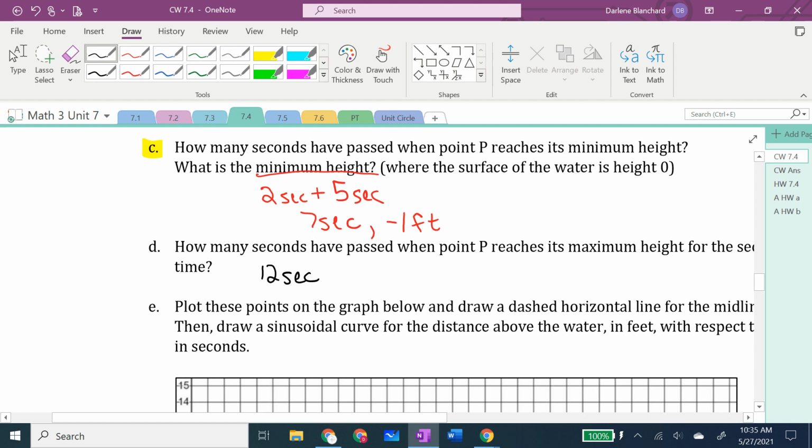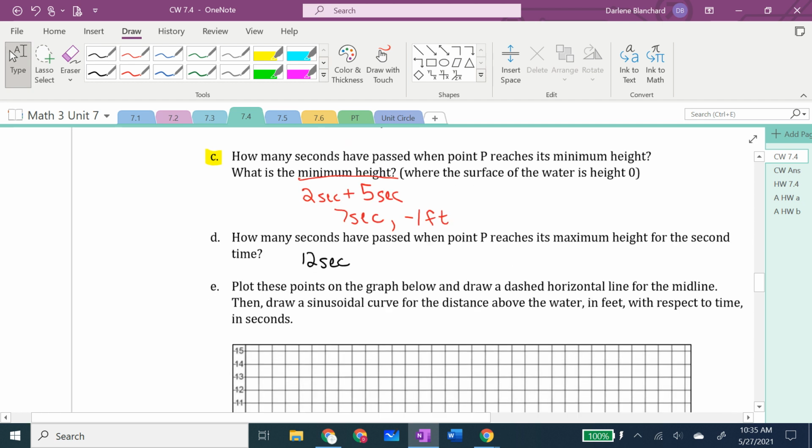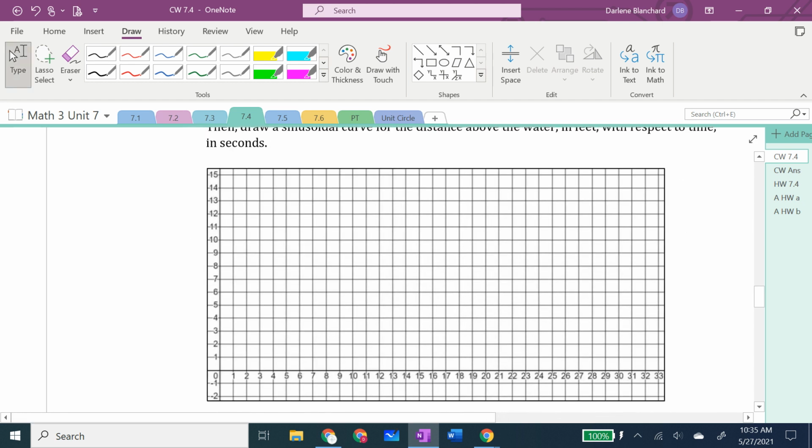Now, plot that information where these y values are representing the vertical position of that point P. It is height above the water.